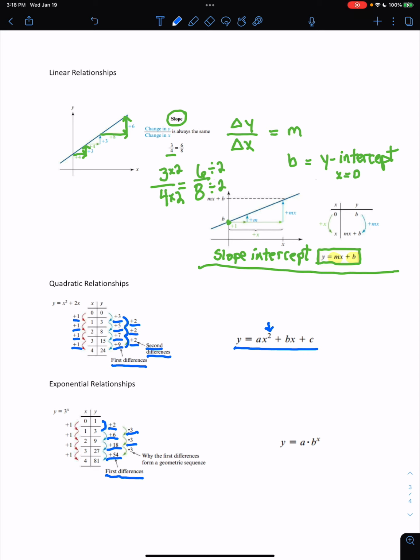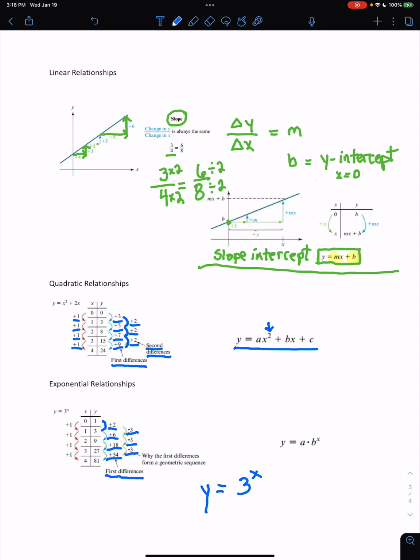To get from 9 to 27, we multiply by 3. So here we have an exponential relationship where whatever we're multiplying by is the base of our expression. So in this case, it would be 3, and we're raising it to the x power to get our y value.